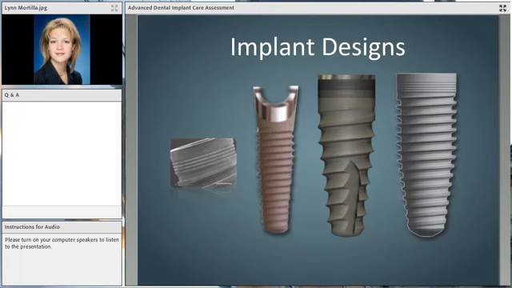And if you notice on the 4 pictures that you see here, I want you to look at the very top of the implant. That implant design and that crestal design has a lot to do with how the bone grows up to the top of that implant.